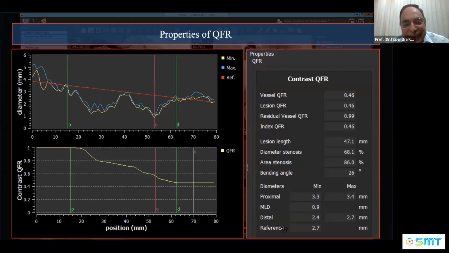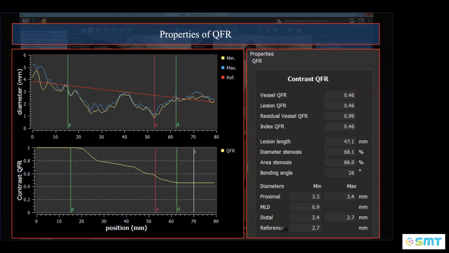Now, the other thing is the kind of contrast we use in the cath labs, isoosmolar, Hexabrix and Visipaque. Does it make any difference? Or should we be using the same contrast for follow-ups? Yoshi?